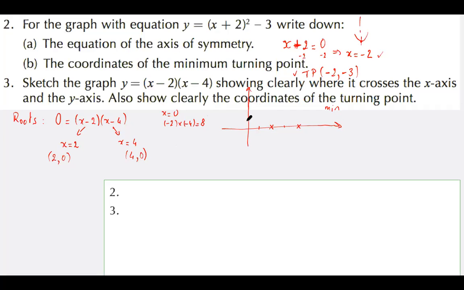So if you go 1, 2, 3, 4, 5, 6, 7, 8, this is where you'll be crossing the y-axis. So when x is 0, y equals 8. So (0, 8) is my point there.